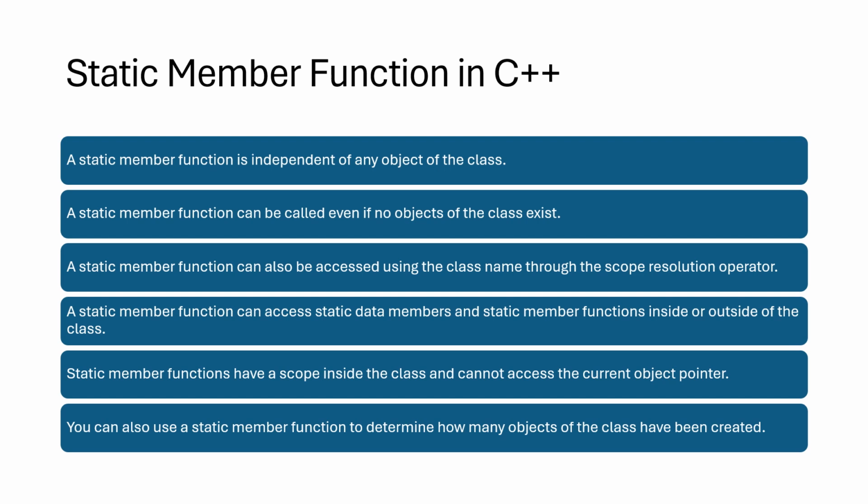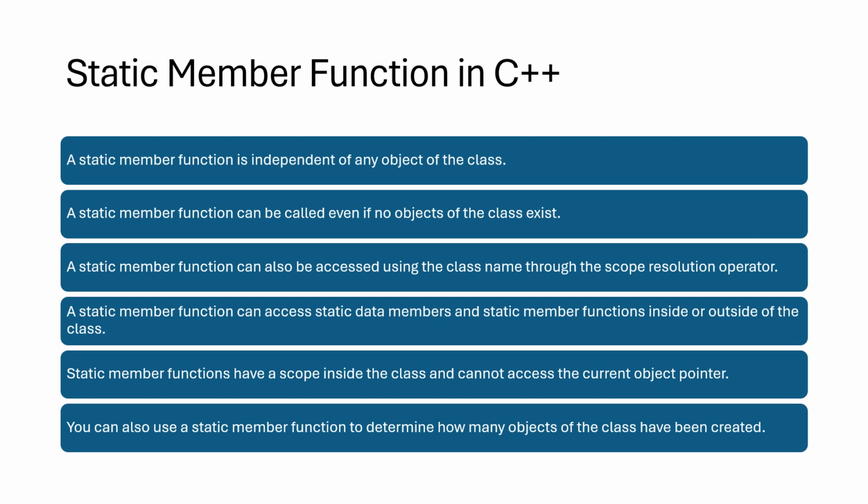Next is the static member function. Again, a static member function is independent of any object of the class. Whatever the object of the class may be, it is free to use this function. A static member function can be called even if no object of the class exists. So we need not create a single object, but we can call static member functions without creating an object.